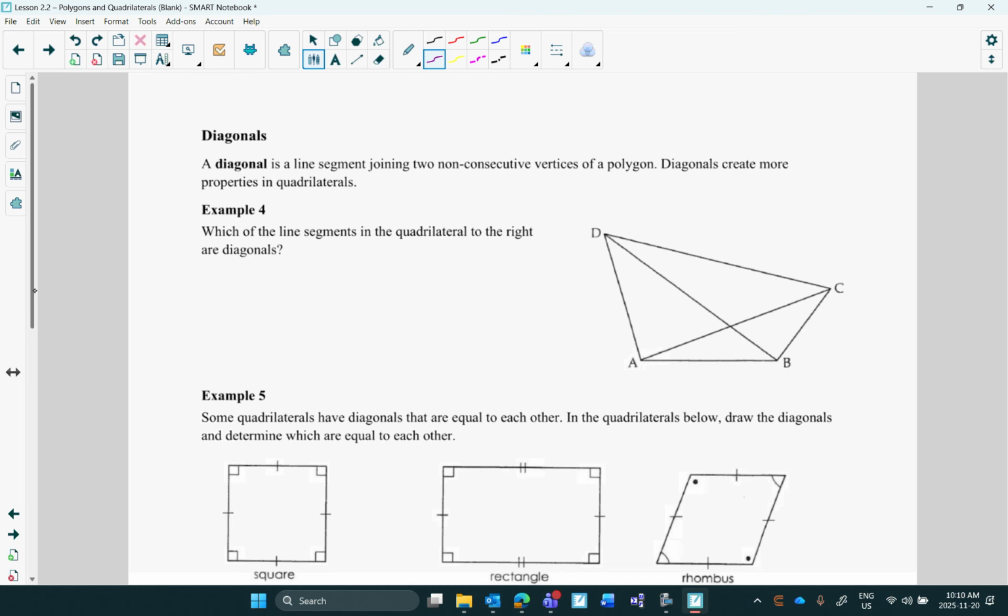So in this one, how would we name the diagonals? What's one of the diagonals? How would you name it? DB. You said CA. Yeah. That's it.